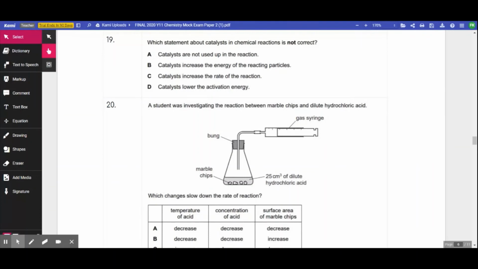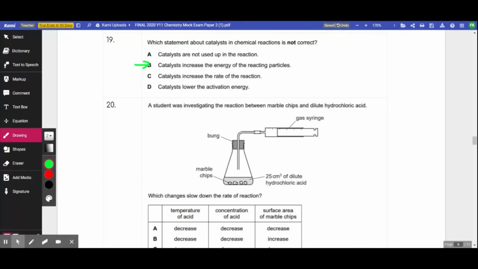The most popular mistake, almost equal to the number of people who picked the right answer, was A, followed by D, and then very few people picked C. 22% picked D, 33% picked A, that's 1 in 3, and just less than 40% picked B, and B was the right answer.